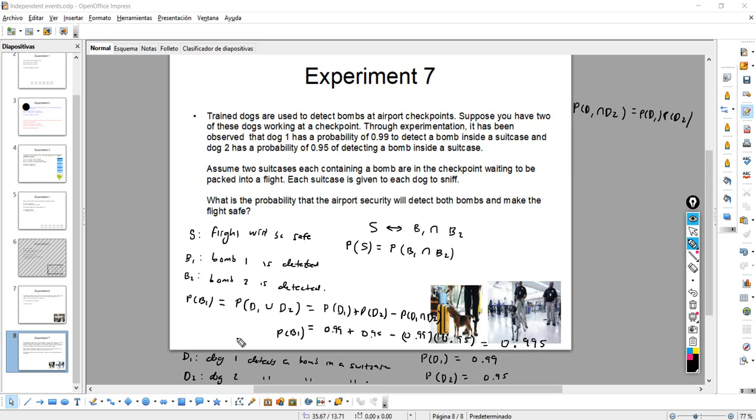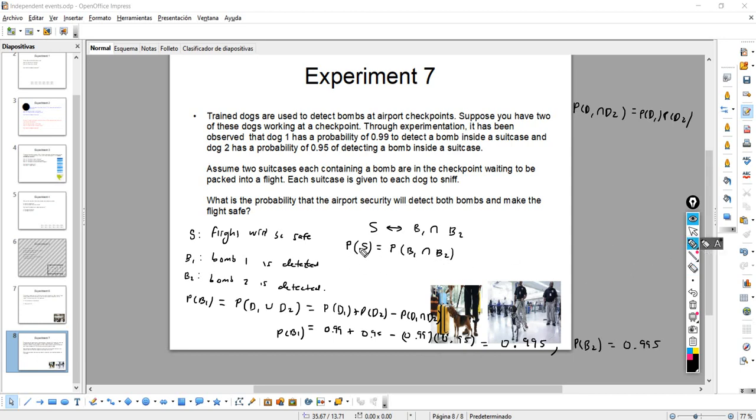And if you remember, the thing that I erased here, the probability of B2 is going to be the same. Okay, so let's write it here. The probability of B2 is going to be the same. So we have the probability of B1 and the probability of B2. Perfect. Okay, now I'm gonna clean this up a little bit. I don't need this anymore, so I may as well erase it. And now let's go back here, guys.